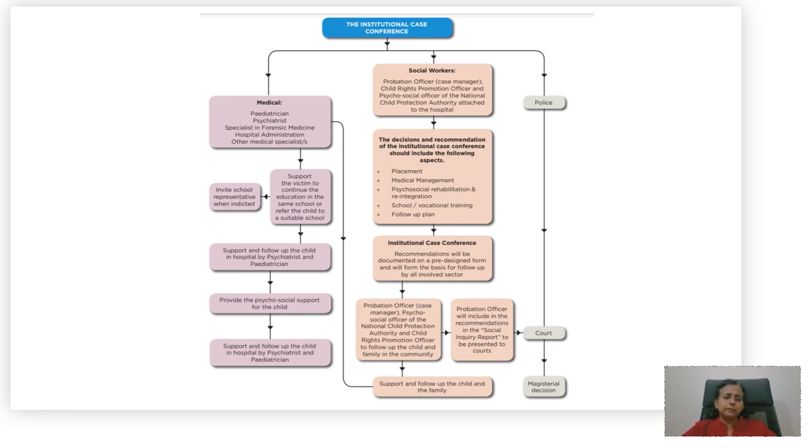So here, the one in pink is the medical aspect, which I have spoken about up to now. Then you can see the social welfare component also happening. What is that mainly?